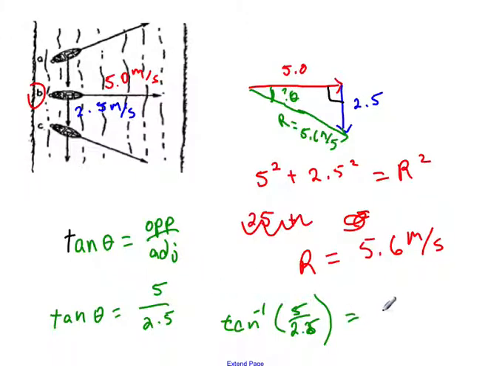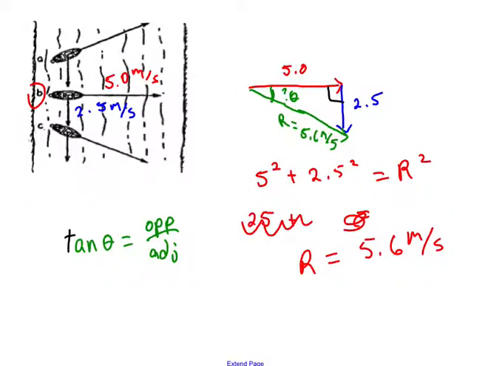And I'm getting an answer that's 63 degrees. So let me check and make sure I got everything right here. Adjacent, we're saying is 5. So, oh, I plugged that in wrong. Okay, Mr. Casing made a mistake. That didn't sound right, so I thought I'd check myself.